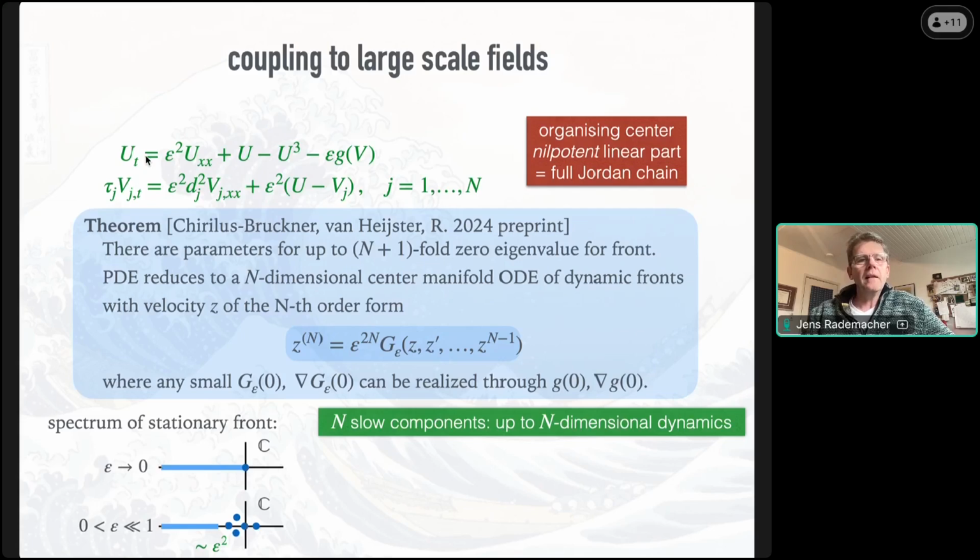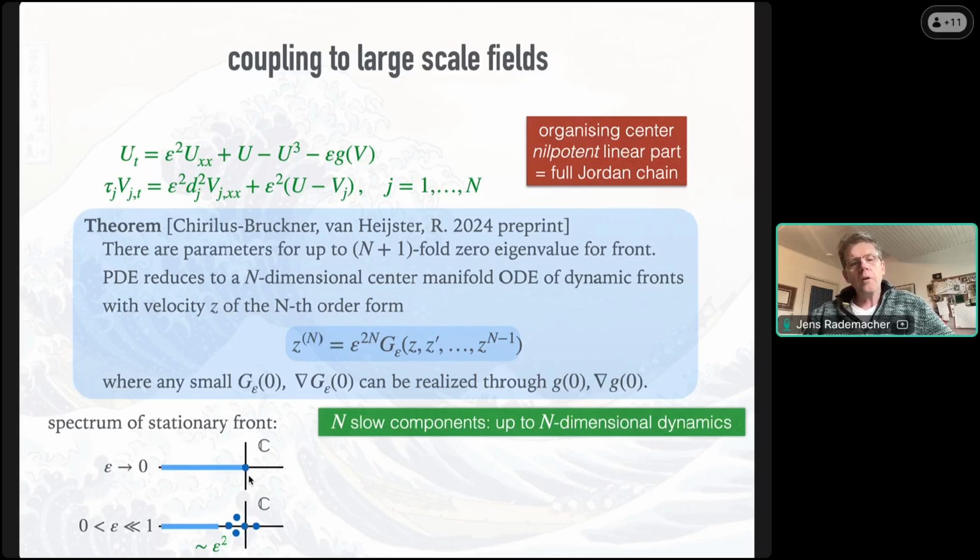And then there is the Allen-Cahn equation itself, which has the front that we know from this interface, the explicit tanh solution, and that has a translation 0 eigenvalue. So we can think of it as, in the limit epsilon to 0, there's this essential spectrum and an embedded 0 eigenvalue.